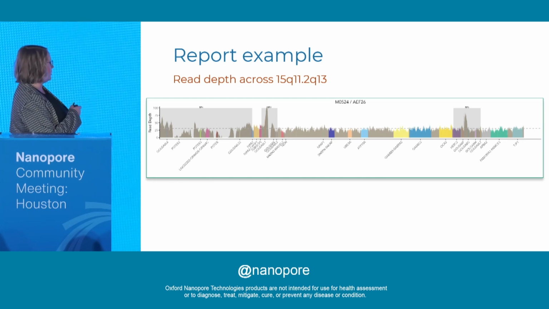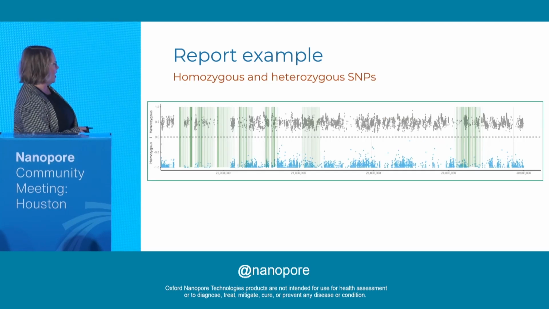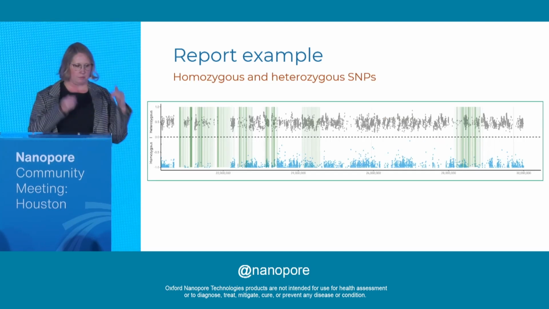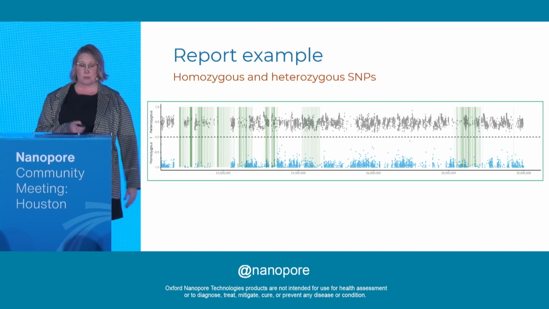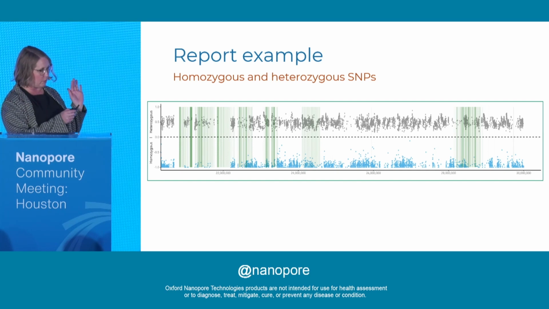We're looking at the average read depth across the region, focused between those breakpoint regions. The next part of these reports is a plot of the heterozygous and homozygous SNPs across this region of chromosome 15 that we were focusing on.